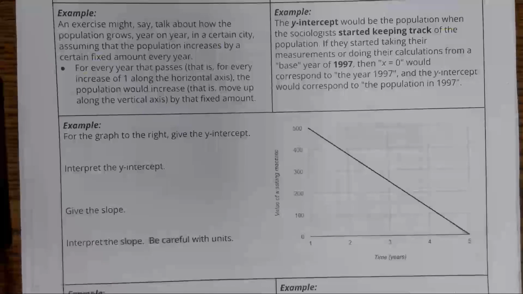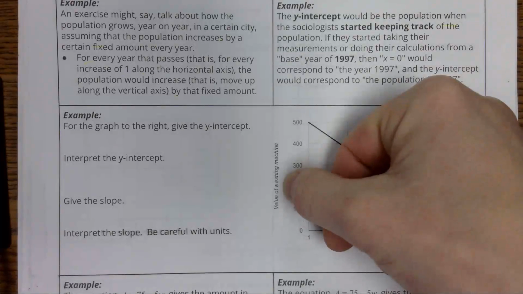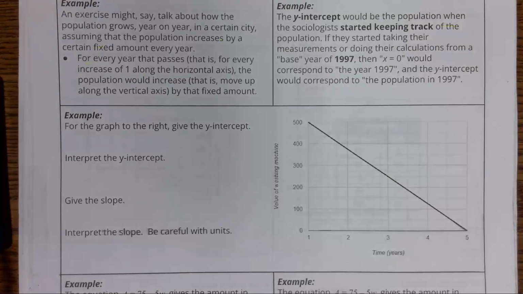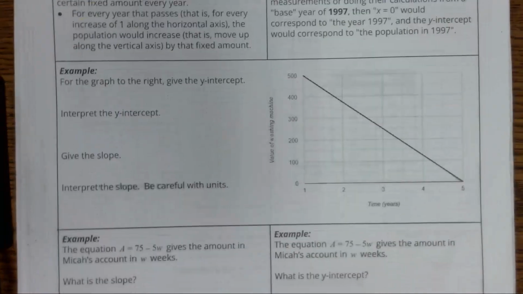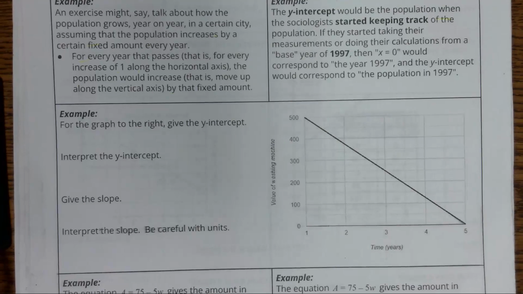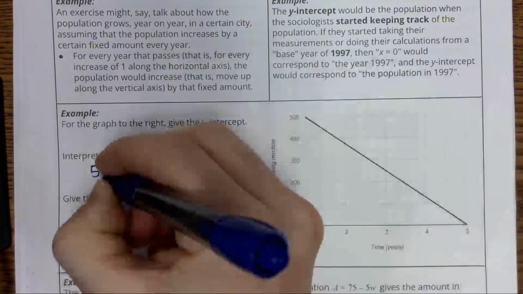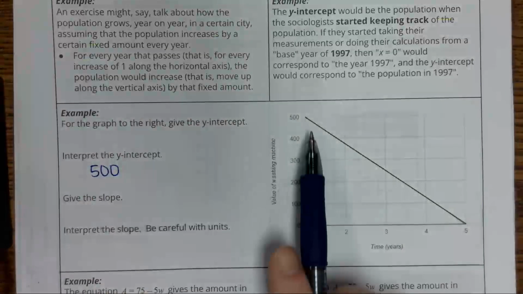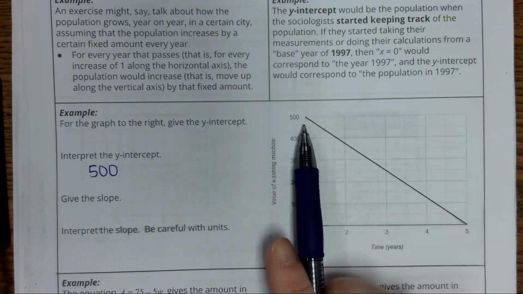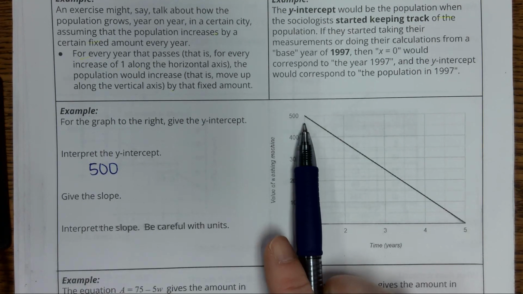Let's do this together. This is the value of washing machines over time. Okay. Can somebody tell me, look at the graph, what's the y-intercept? Okay. Basically, maybe you're too young for this, but when you buy a washing machine brand new, it's going to be at the most value.